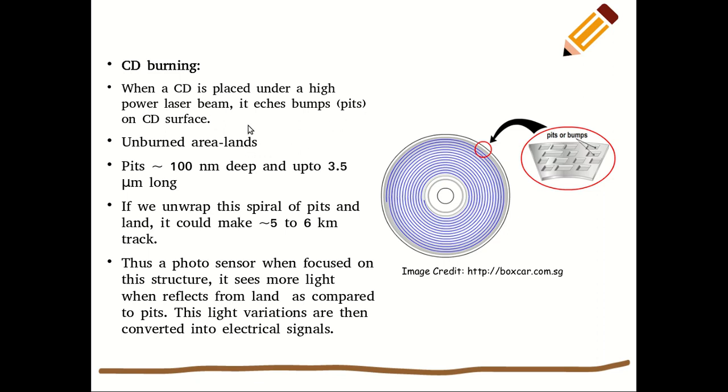That is, a CD is a device in which the data is stored digitally, whereas in the previous case, in case of magnetic tape or photographic film, the data is stored in terms of analog signals. Here the data is stored digitally.